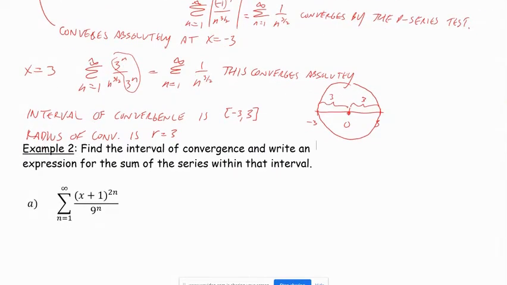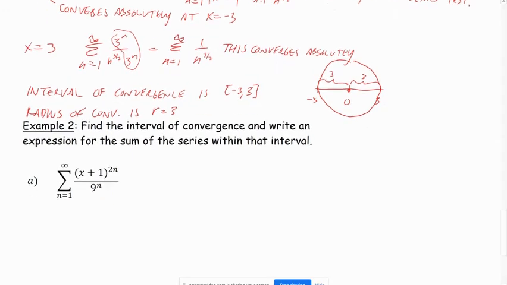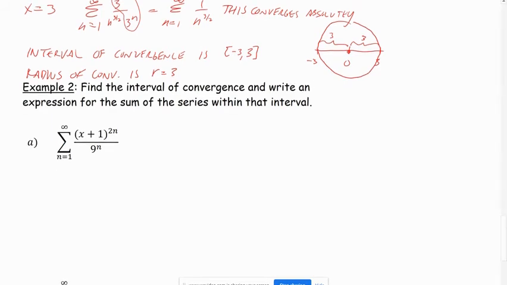Okay, for the next example, we're going to find the interval of convergence and then also write an expression for the sum. And so far, the only series that we have been able to write the sum for is when it's a geometric series. When it says write an expression for the sum, it has to be geometric in order for that to work.